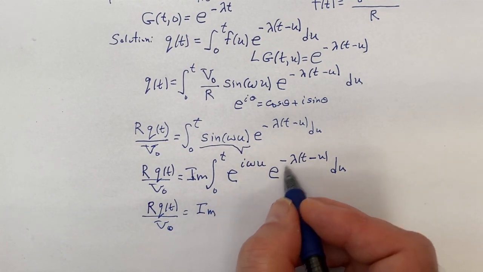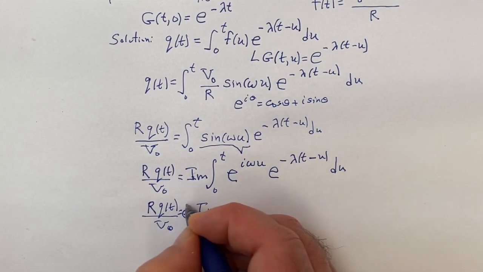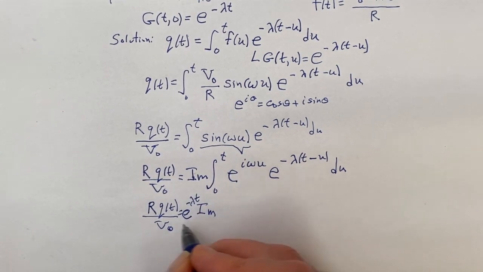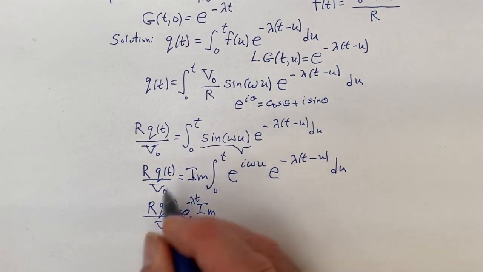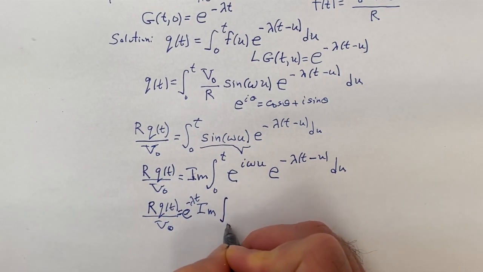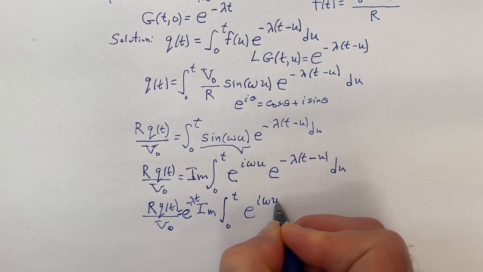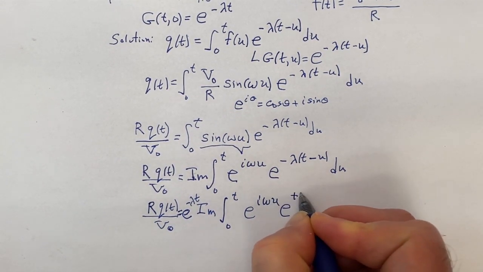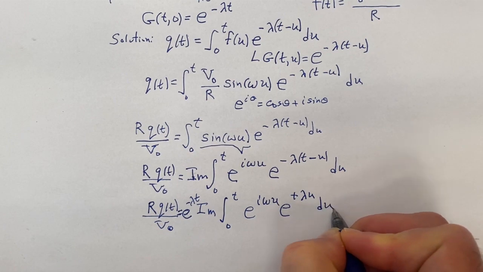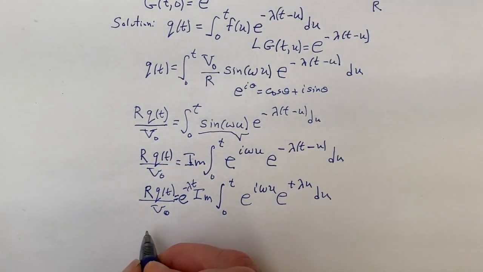In fact, we can make room and put this exponential e to the minus lambda t outside everything, and make the integral look a little bit easier. And this is then e to the I omega u, e to the plus lambda u. And now that looks much easier.